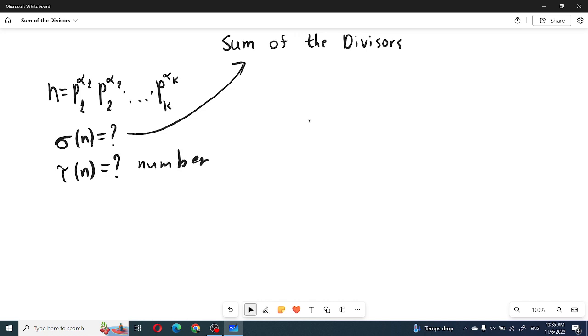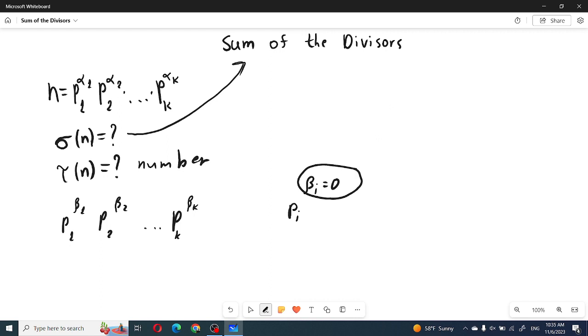We know that all of its divisors must be of the form p1 to the beta 1 power, p2 to the beta 2 power, up to pk to the beta k power. And what are the restrictions for each beta i? Beta i may be 0 if the divisor does not have the prime factor pi.